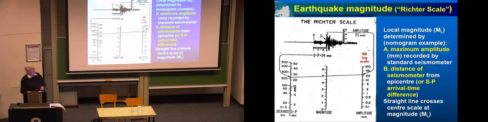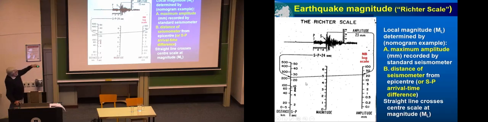I don't know if my technology guy is here, but the pointer is not working very well. Maybe I'll point it out on this. We need to know the amplitude on the seismogram, and we also need to know that PS interval, because the PS interval is telling you about the distance to the earthquake.